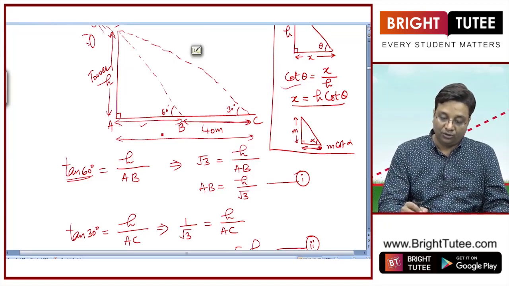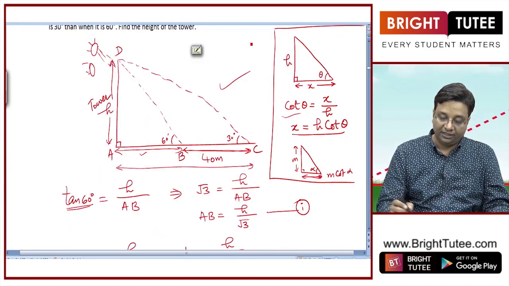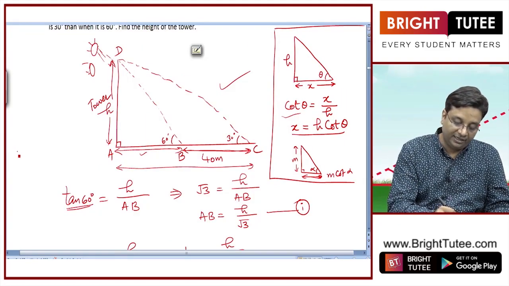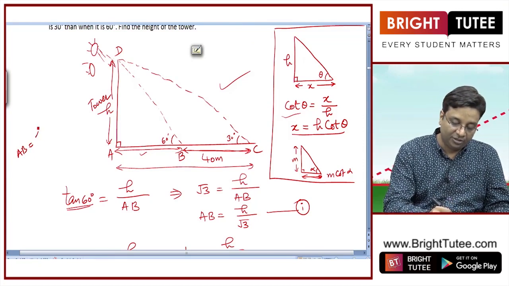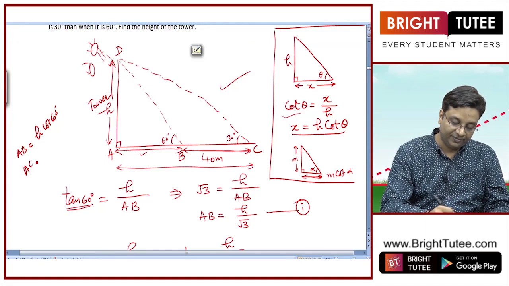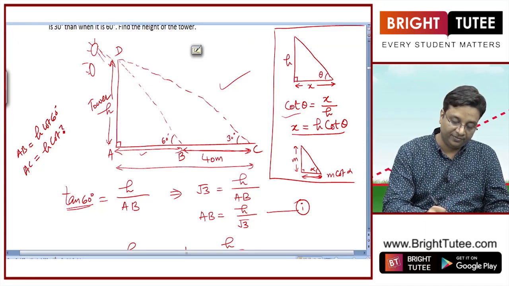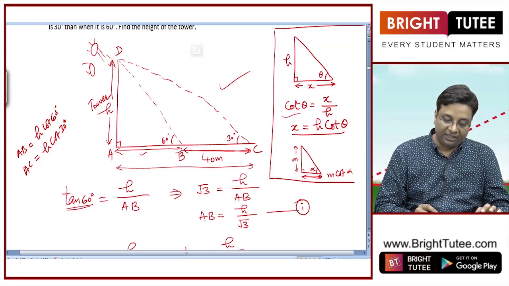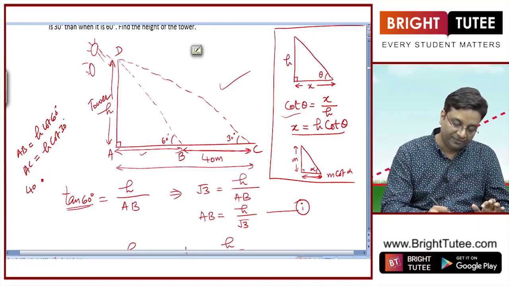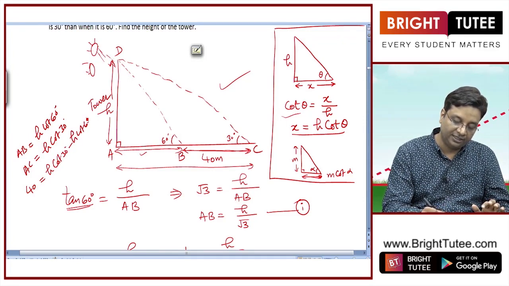So to solve this type of question, you could have said that this length AB is h cot 60 and length AC is h cot 30, and you are given the difference of these lengths, AC minus AB, which is 40. 40 is nothing but h cot 30 minus h cot 60.